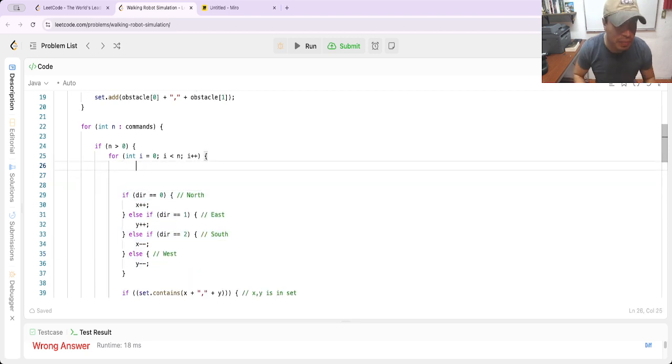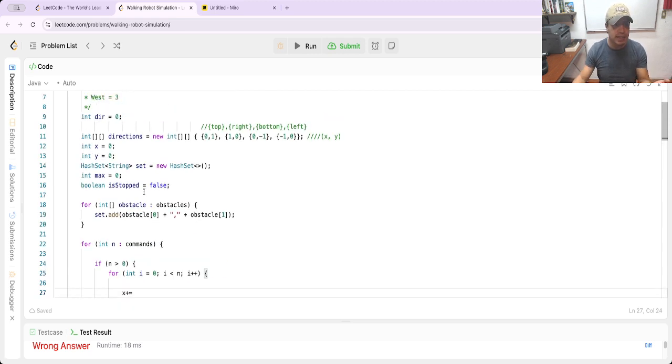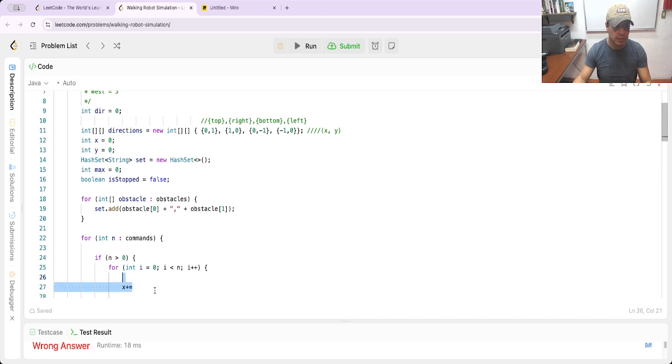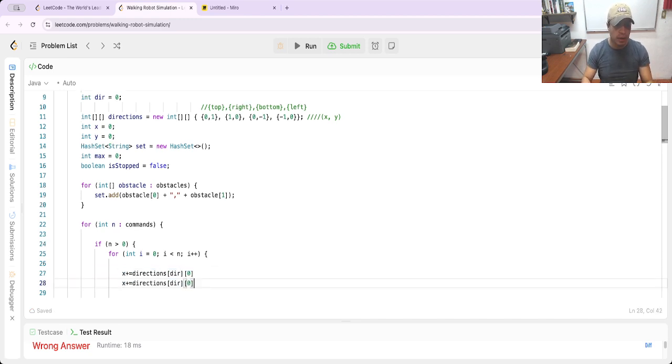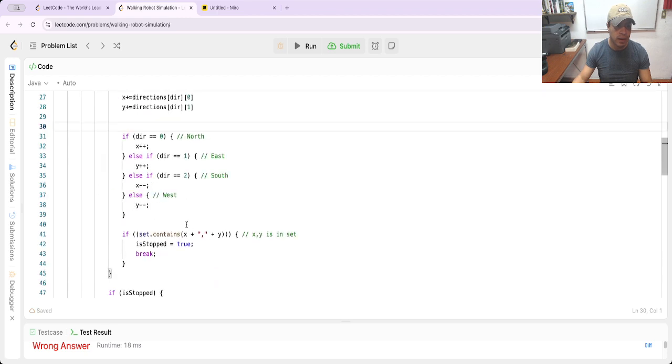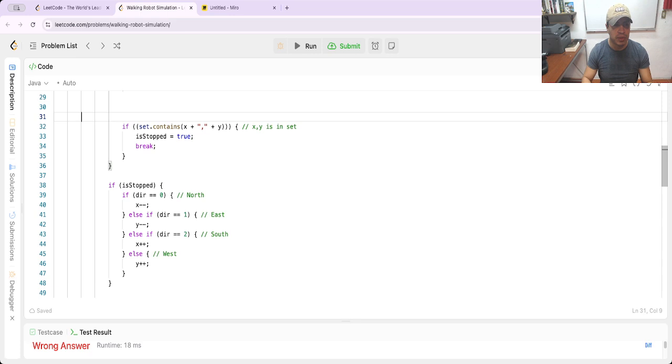This should be replaced by x plus equals directions. In this case, in the direction, where it is going to the north, and in the index 0, and it's the same with y, but obviously with the index 1. And avoid this, but I'm not sure if this could work with the negative numbers.